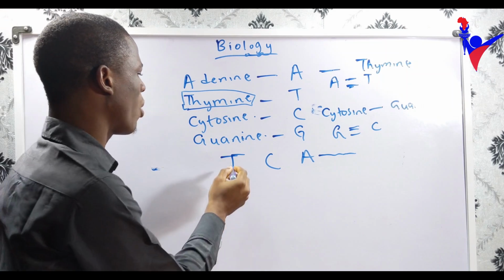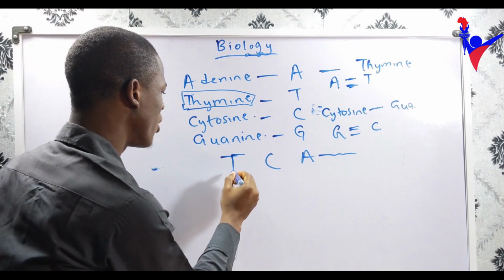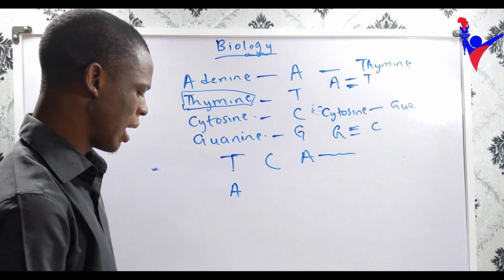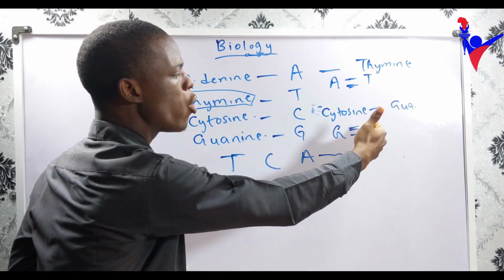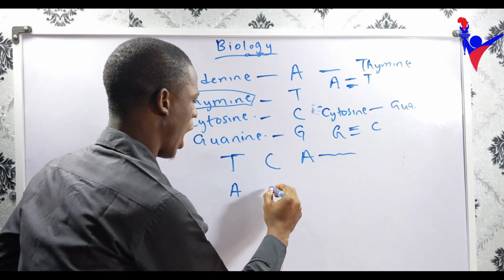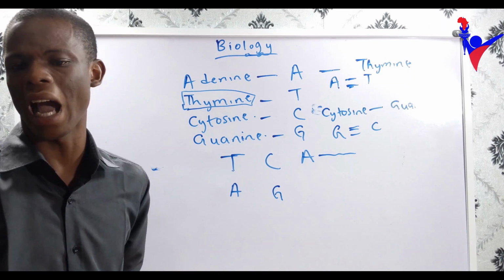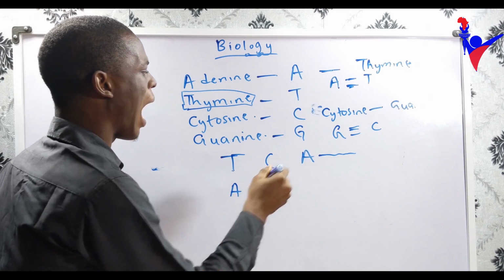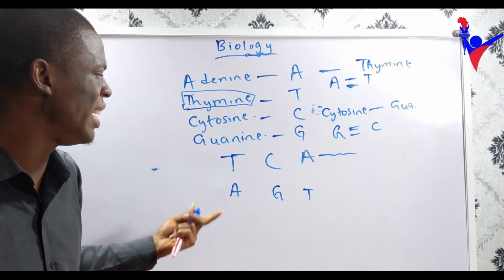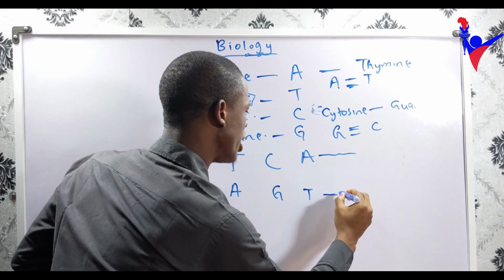Since our T will always join to A, which is our adenine, the complementary strand of T is A. And since our C will always bond with G, which is our guanine, the complementary of C is G. And since adenine will always bind with thymine, the complementary of A is T. So the new strand that we have in this DNA sequence is AGT.